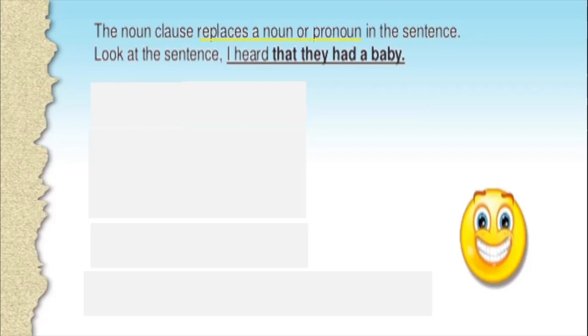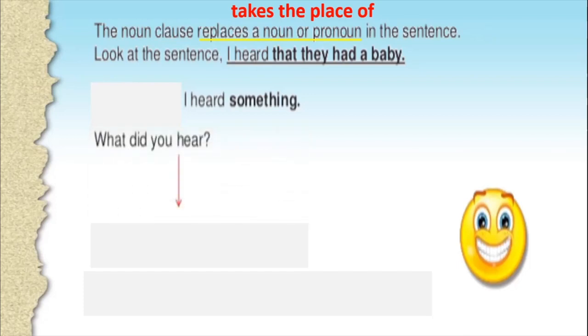Remember, the noun clause replaces a noun or a pronoun. Replaces means what? Takes the place of. In place of the noun or the pronoun, you sometimes make use of the noun clause. Let's see how we can rewrite the sentence. Instead of I heard that they had a baby, I can also say I heard something. So what is the something?